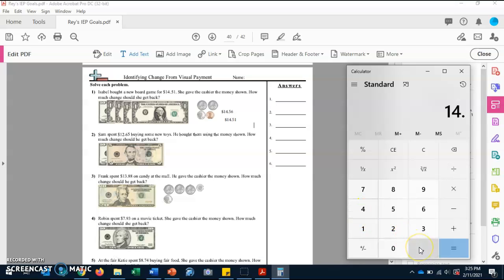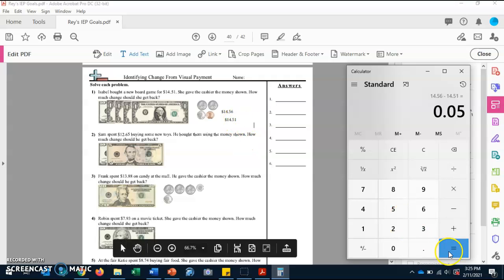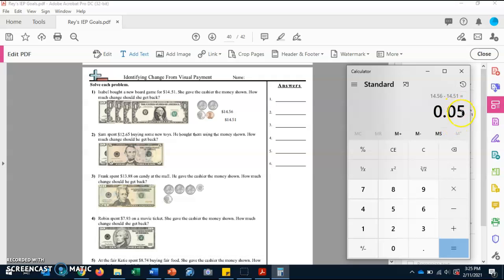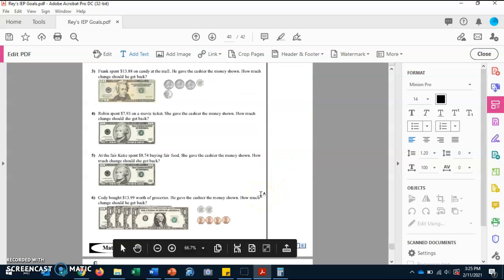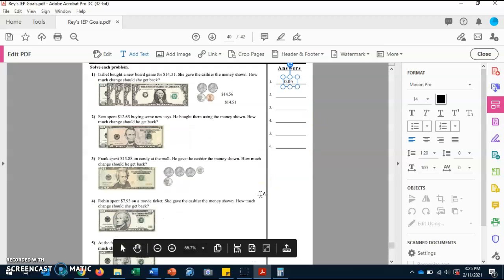So she gave $14.56 minus the $14.51 that the item cost. So they returned Isabel 5 cents, which is like the nickel. So here we're going to put 0.05. That is what they gave her back.